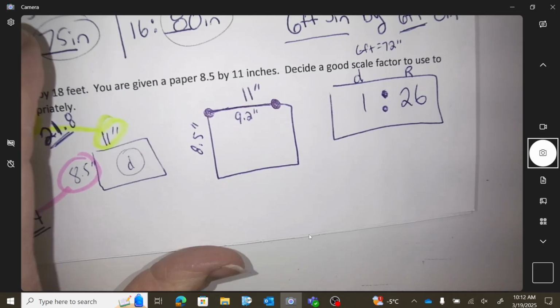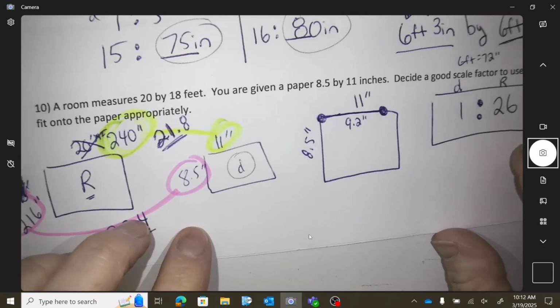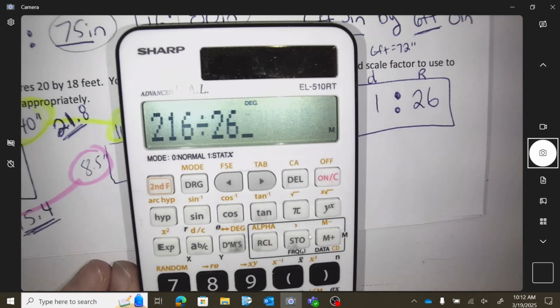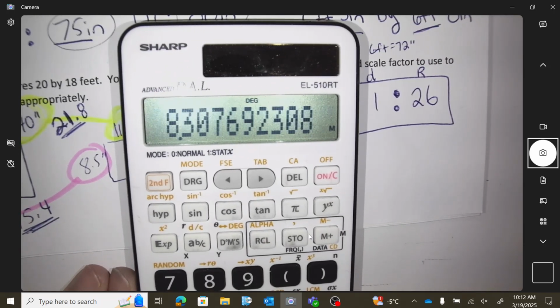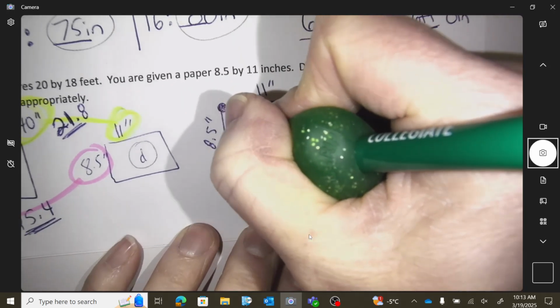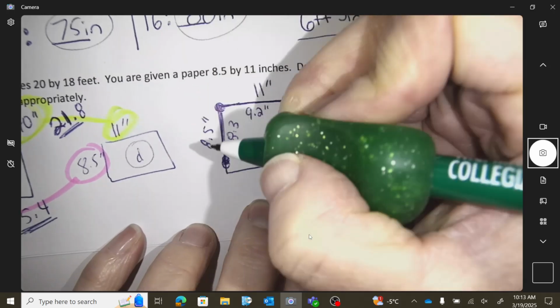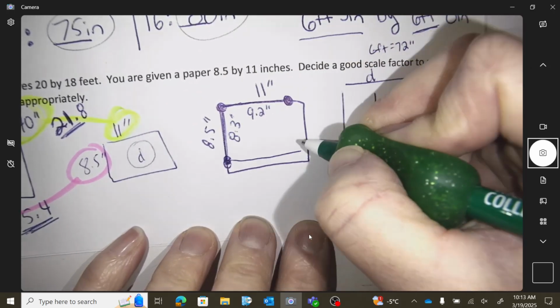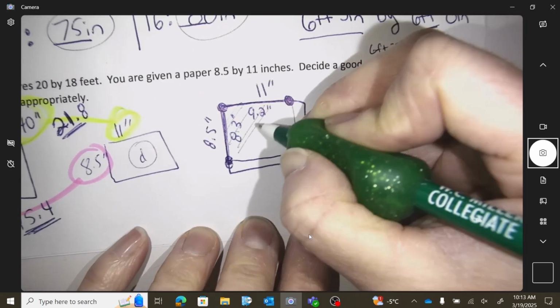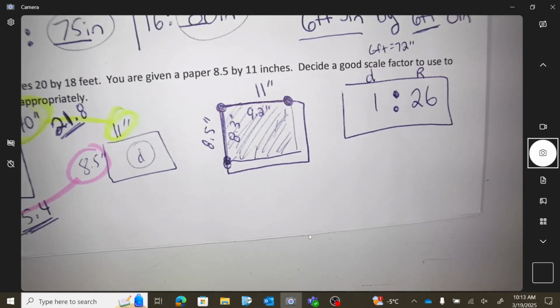And I'm going to do the same thing. I'm going to shrink this side by 26. So 216 inches, shrink it by 26, 8.3 inches. So now I'd be able to draw out my bedroom on this paper.